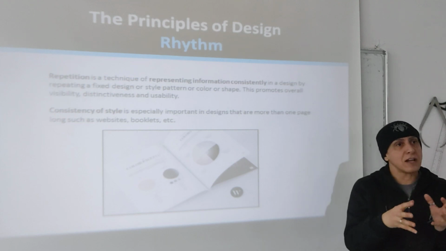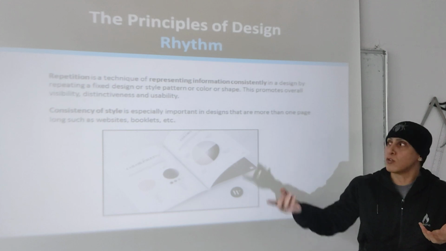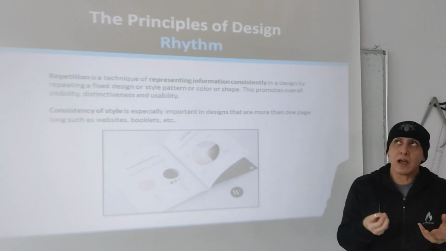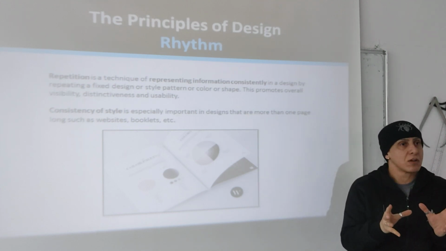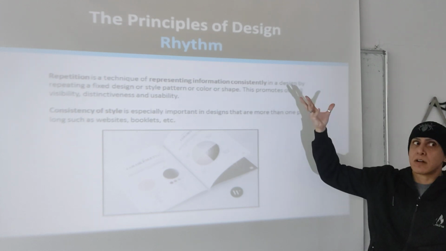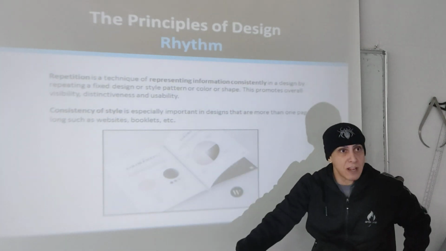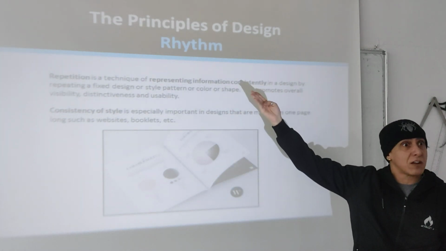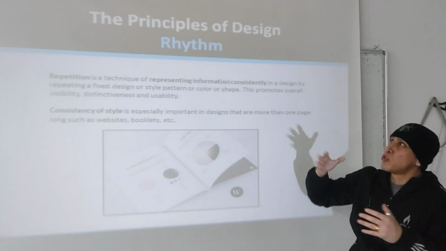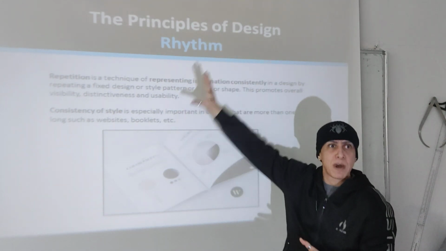If you selected a color range, you must repeat this to create consistency of style. Sometimes shapes are repeated. For example, the title or a color. Like, for example, I use this color for this title. When we go to the next title, I cannot put another color. Or change, for example, the font size, or change the location of my title.